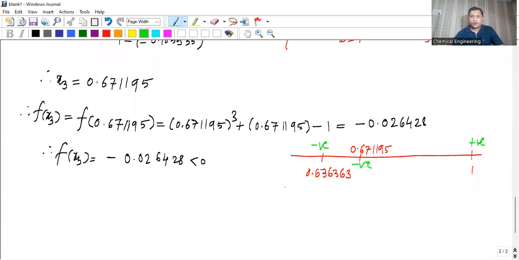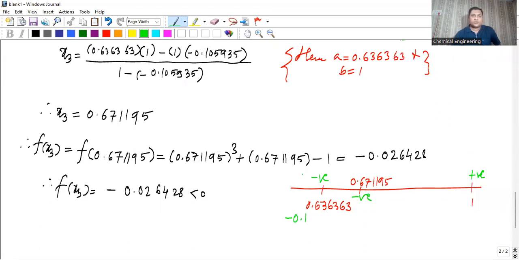Earlier the value was minus 0.105935, and now it is minus 0.026428, and this is positive at 1.